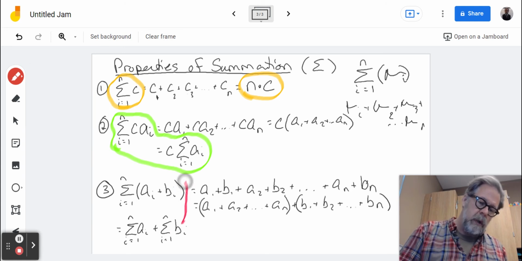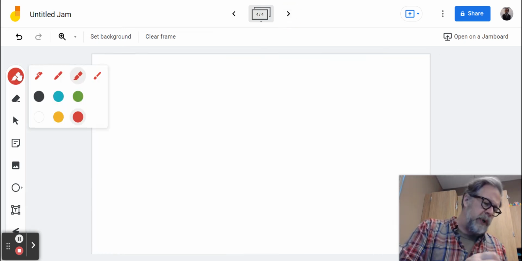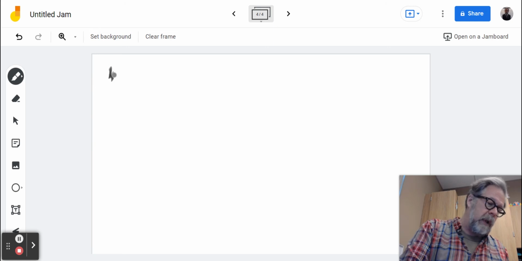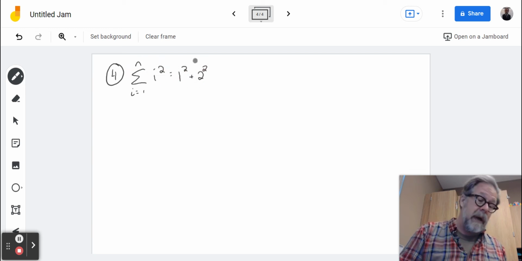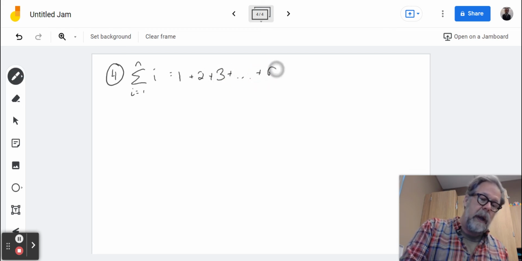All right. So a couple quick ones, which we won't necessarily need a whole lot, but they're useful and fun to look at. Let's look at the sum from I equals 1 to n of I. So that's 1 plus 2 plus 3 plus ... plus n.